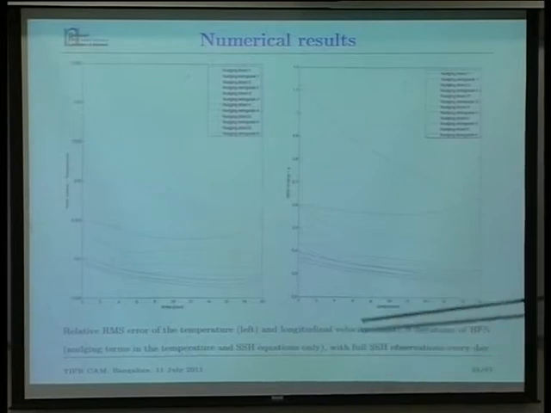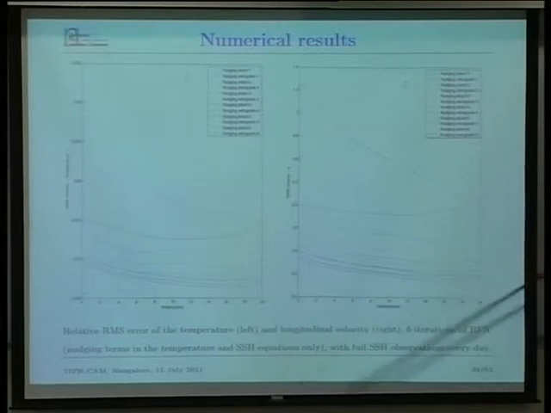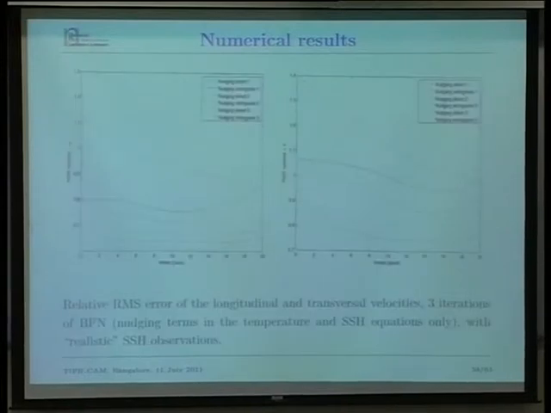The point is that we only use nudging on the temperature itself with the observed temperature, and there is a nudging term on the SSH equation with the SSH. So there is no coupling and there is no correction on the unobserved variables. And here is the same with realistic SSH observations, so along the tracks and with noise.